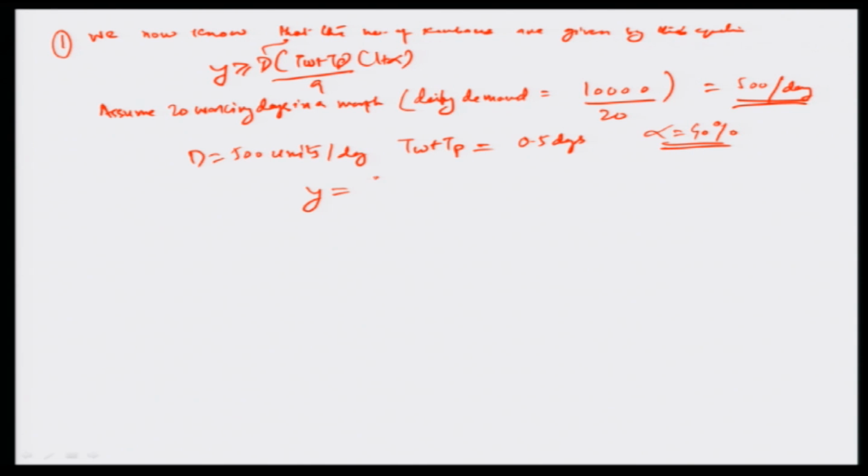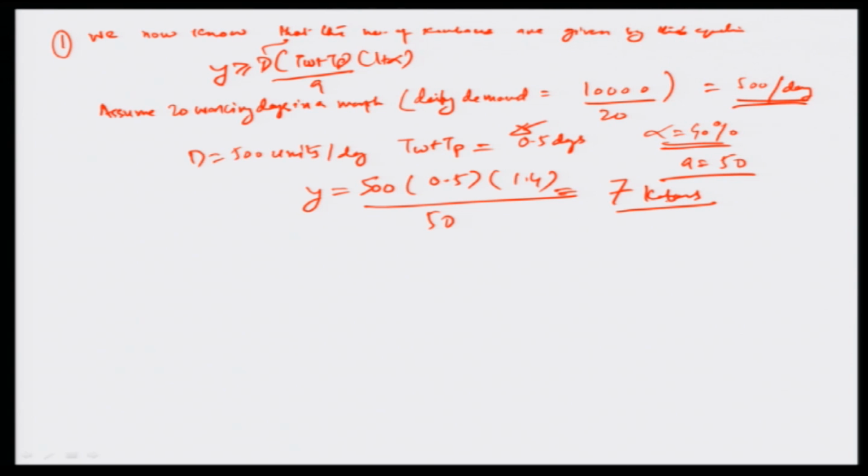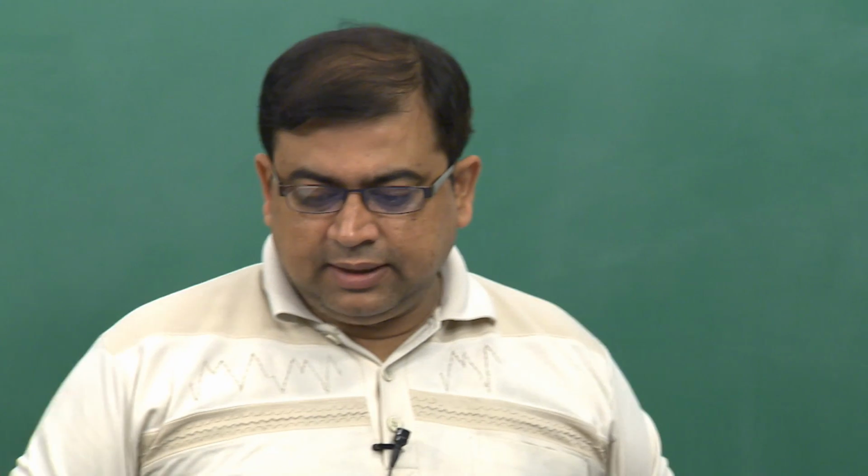The total number of Kanbans which should be in place is 500 times 0.5, which is the production lead time, times 1.4, since you are planning 40% extra, divided by A, the container capacity. In this particular case, the container capacity has been given to be 50. So, that is how the number of Kanbans results, and there are about 7 Kanbans which need to be in place for a smooth flow of the system. So, that is how you operate this Kanban calculation, or deterministically determine the number of Kanban levels.